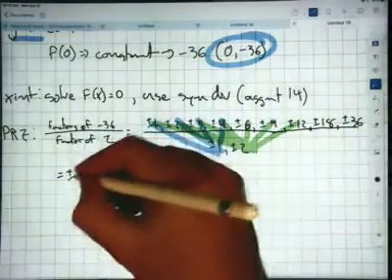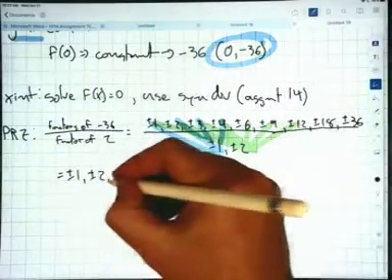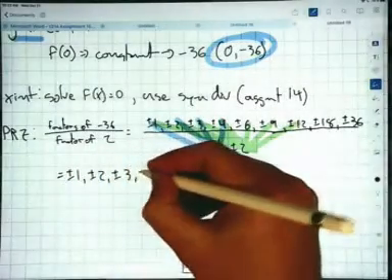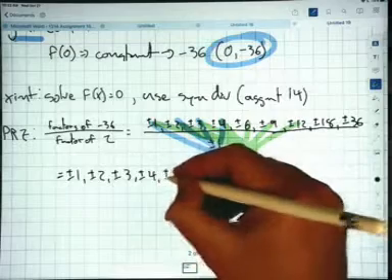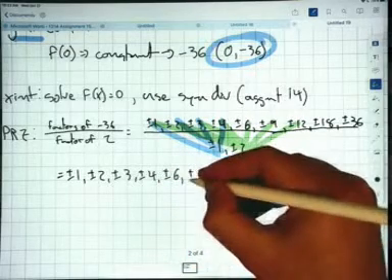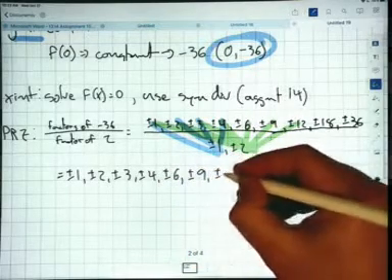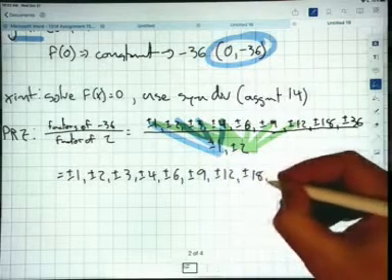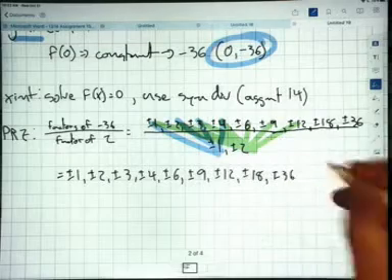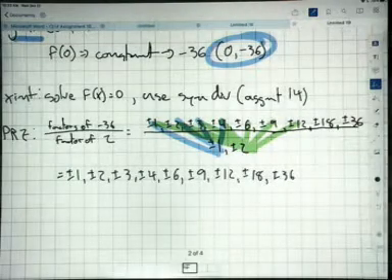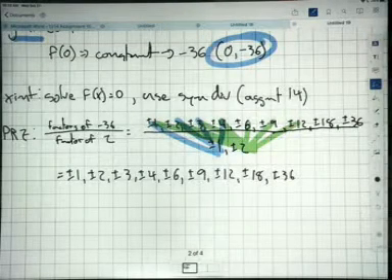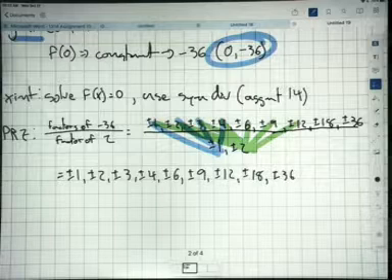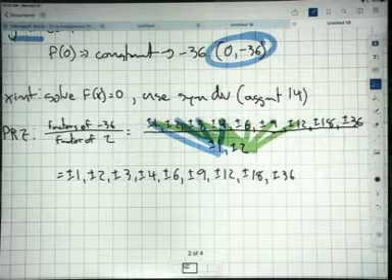So you get plus or minus 1, 2, 3, 4, 6, 9, 12, 18, 36. That's everything divided by 1. Now we need to divide everything by 2.